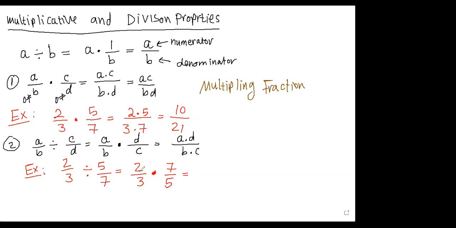So what's the answer? Again, we multiply both numerators and both denominators: 14 over 15. Any question? This is called dividing fractions.